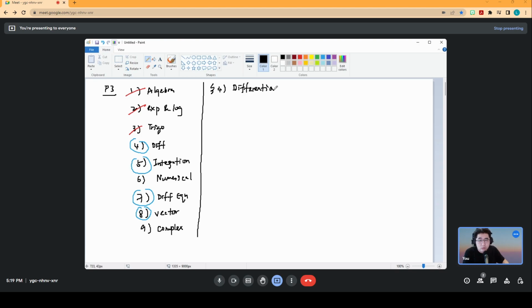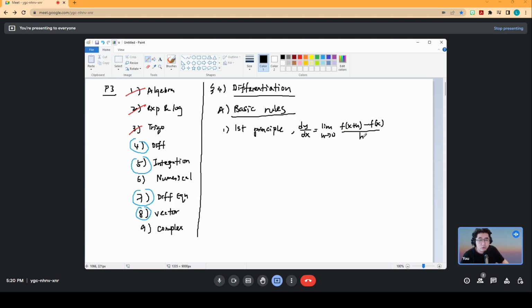First of all, let's go back to the basic rule. Basic rule: we have first principle, dy dx equals the limit of h tends to 0, f of x plus h minus f of x over h.